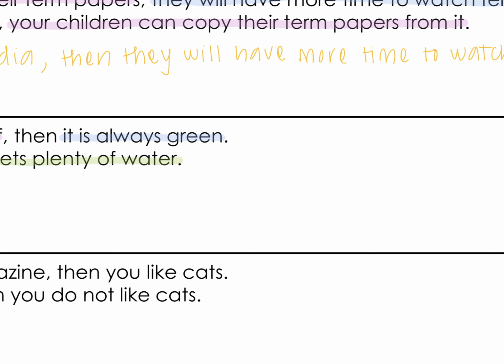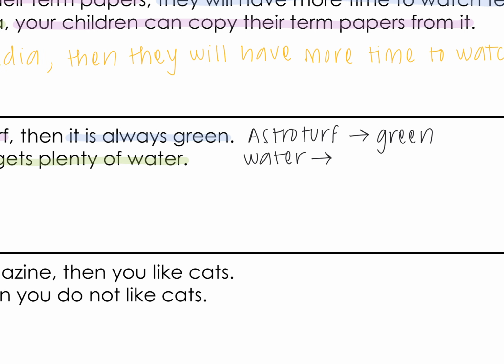I'm going to have astro, turf, and green. And then in that second sentence, like I said, that if is in the middle. So we're actually going to start off with plenty of water. So I'll use water, and then we'll have that green.